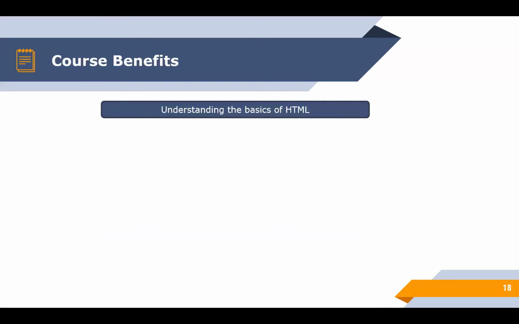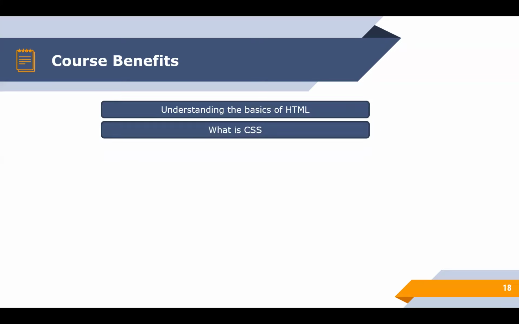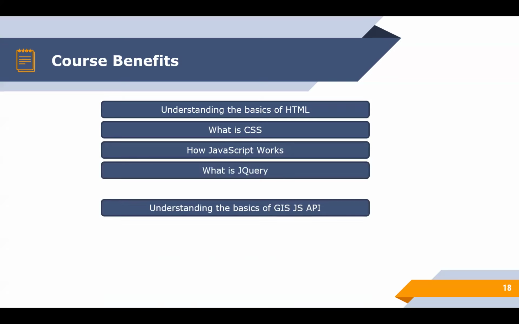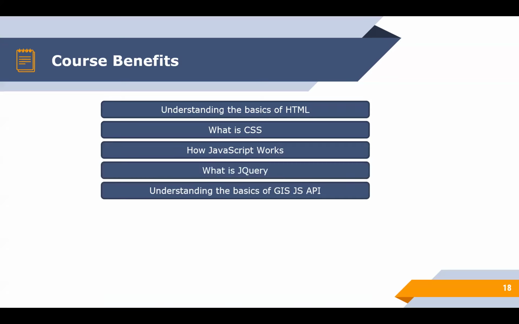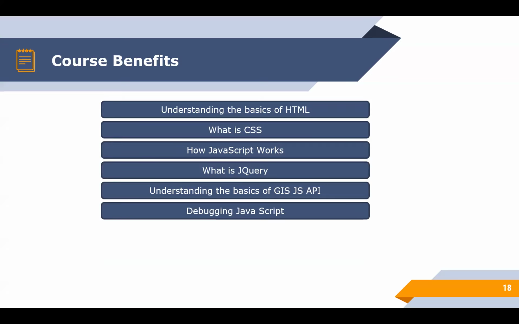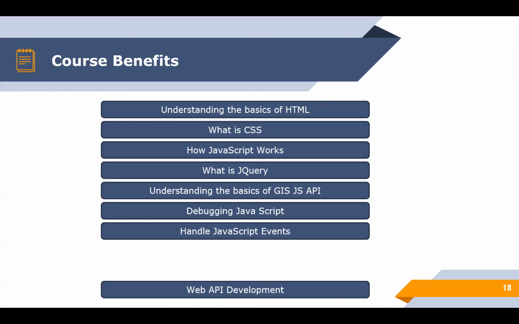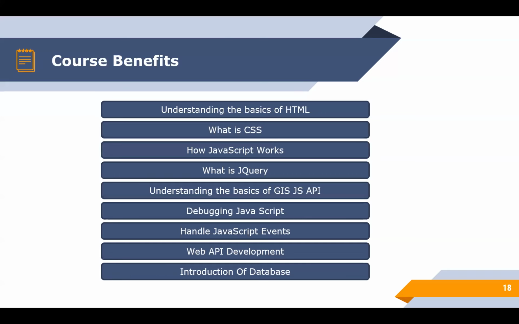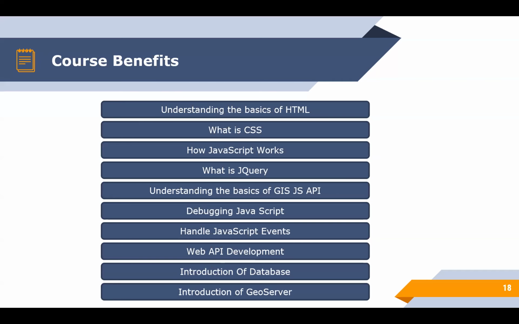What are the course benefits we have? We are going to understand the basics of HTML, what CSS is, how JavaScript works, what jQuery is, understanding the basics of the GIS JavaScript API, how to debug JavaScript, handle JavaScript events, how we can develop the web API, and an introduction of the database and of GeoServer.